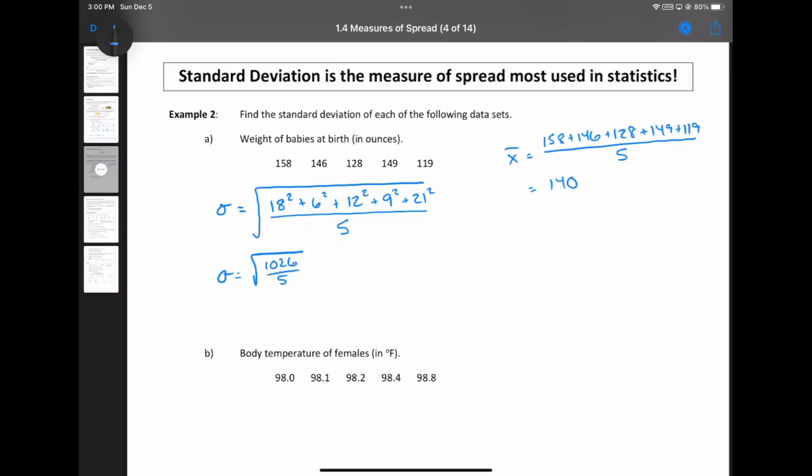And one of the reasons I'm doing that is just to remind you that that square root has to actually take the square root of the divided by 5 part as well, not just the 1026. So 1026 divided by 5 becomes the square root of 205.2. And then when we take the square root, the standard deviation is 14.3.